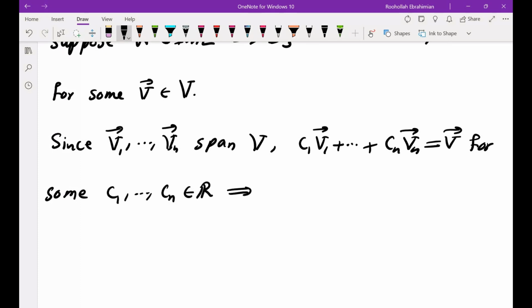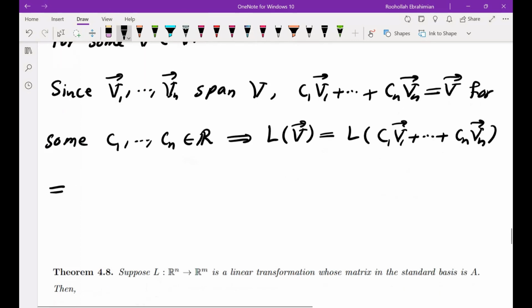Now I will just take L of both sides. So L of V becomes L of C1 V1 plus Cn Vn. And all you have to do now is to take the C1 out and Cn also out. Just use linearity.